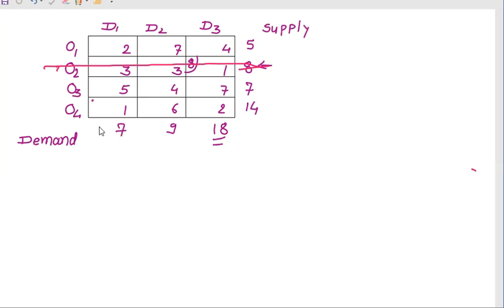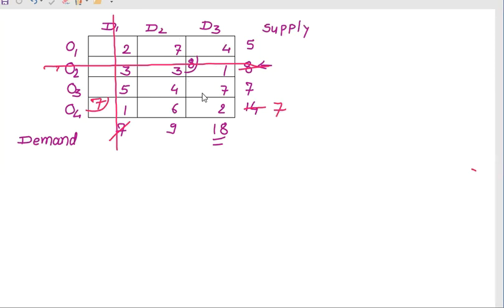The requirement is 7, and the available quantity at this factory is 14. So we can allocate 7 units out of 14, because only 7 is the requirement at this warehouse. All those 7 units are transported from the factory O4, so the requirement is satisfied for the first warehouse. We cross this column because there is no need for further allocation here. Now look at the remaining cells.